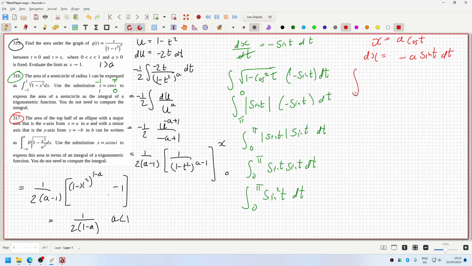So the integration would become b root 1 minus x squared, which is a squared cos squared t over a squared, times dx, which is minus a sine t dt. Those a squareds cancel. 1 minus cos squared is sine squared. Root of sine squared is sine.